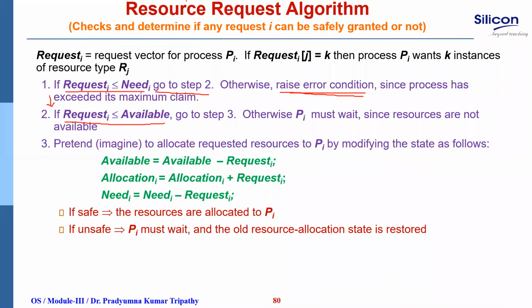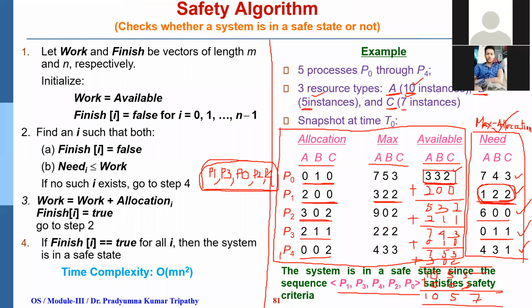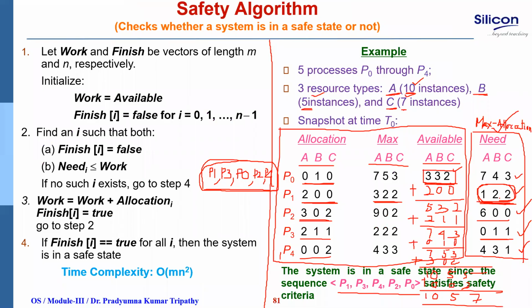Correct? It is requesting 743, and I have available 332. Can it be given? No. If it is requesting 122, and I have available 332, then I can give. So the request must be less than available.